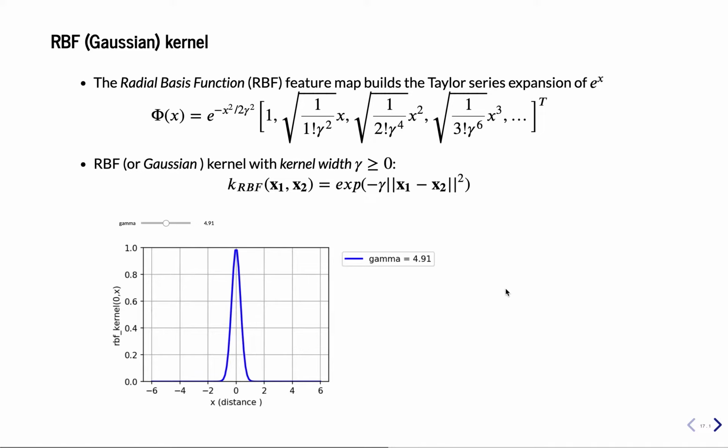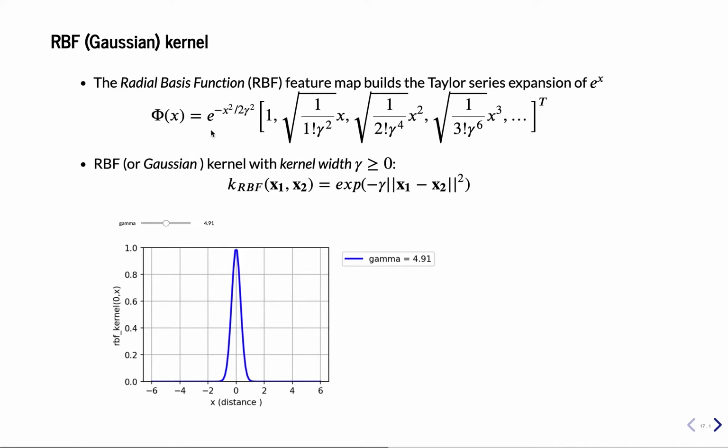One of the most useful kernels is the RBF kernel, or the Gaussian kernel. This kernel corresponds to a feature map which builds the entire Taylor series expansion of e to the x. This is in principle an infinite series, right?